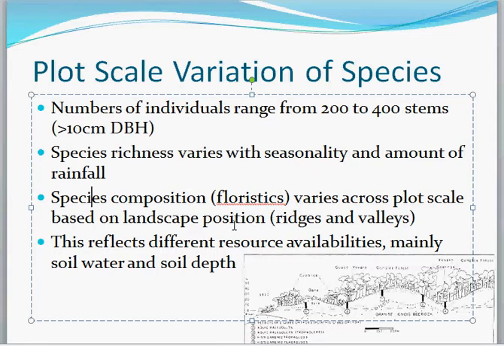Here in Trinidad, we classify our forests, at least the forests in the lowlands, as Crapo-Guatacare forests.